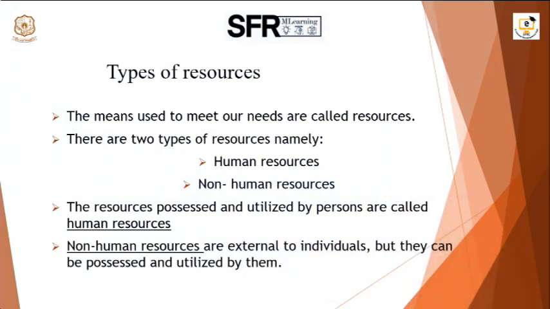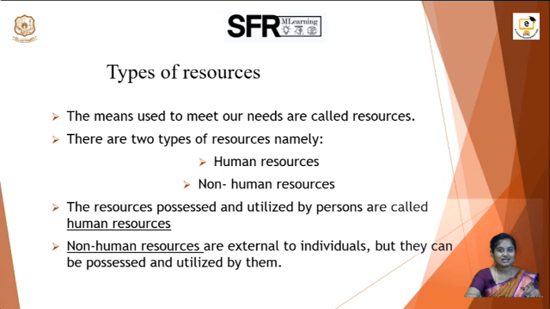So, coming to the types of resources, firstly we have seen the resources are the means to satisfy our needs. There are two types, they are human resources and non-human resources. Human resources are those that are possessed by us and utilized by the person. The individual has all those resources in him and he utilizes them.